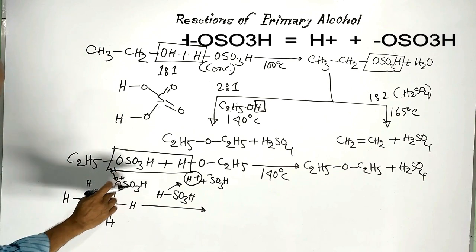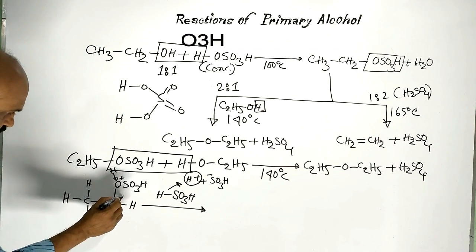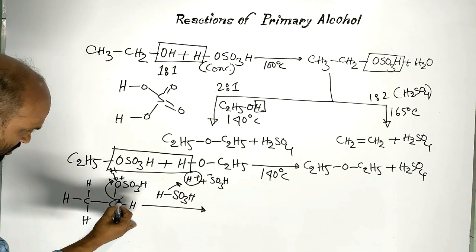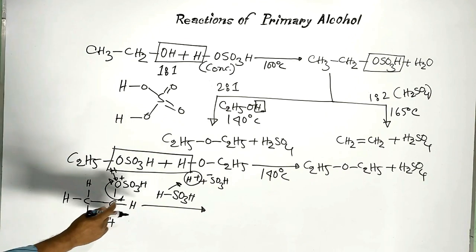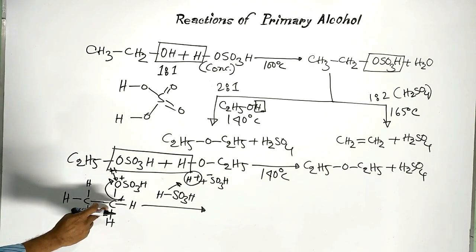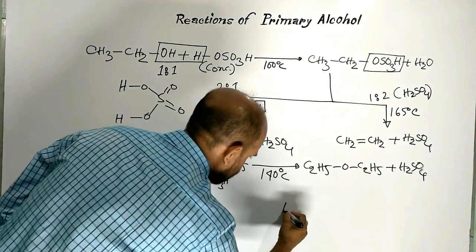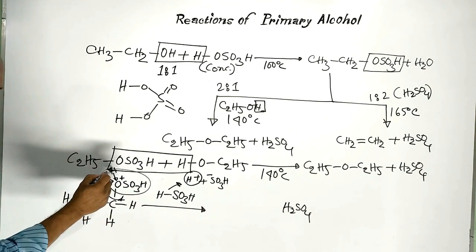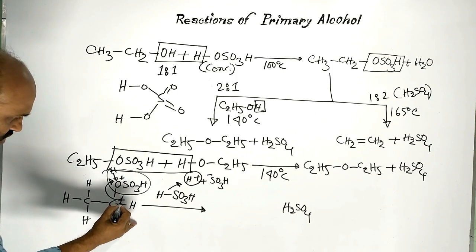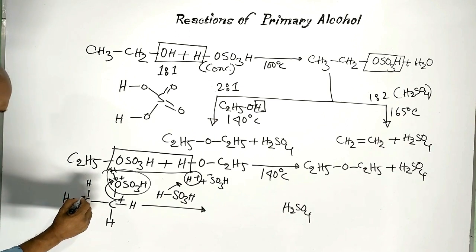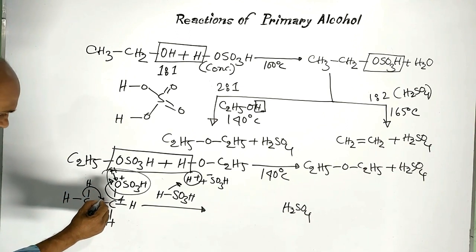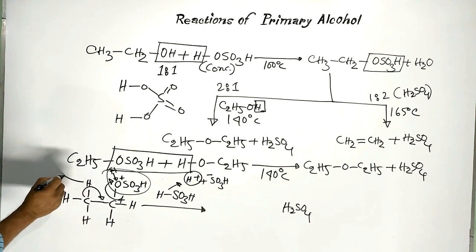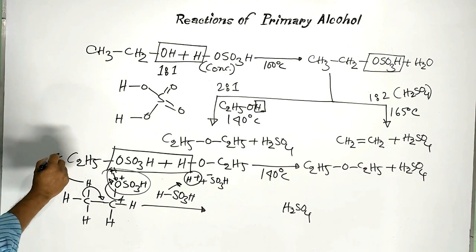Because of this positive charge, the carbon-oxygen bond experiences heterolytic fission and the positive charge shifts over carbon and sulfuric acid gets removed. Because of this positive charge over carbon, carbon-hydrogen bonded electrons move here to form a carbon-carbon pi bond. This hydrogen gets free as proton.